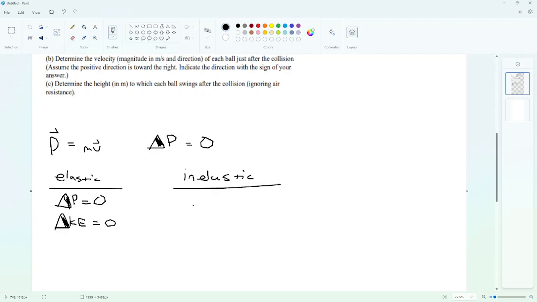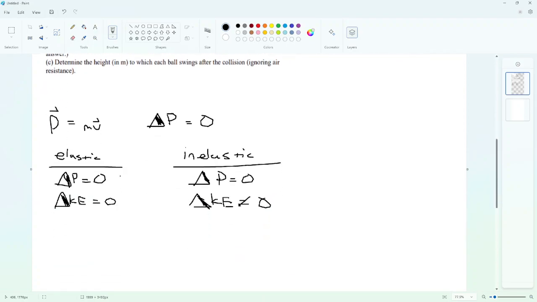What is the difference between these two? I'll give you a hint. The change in momentum is still 0. The change in kinetic energy in this case is not going to be equal to 0. In an inelastic collision, the kinetic energy is not conserved. In an elastic collision, kinetic energy is conserved.